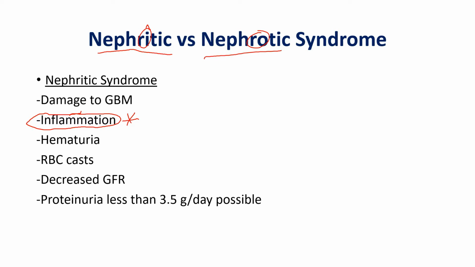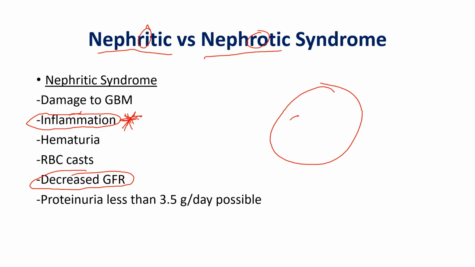Now, there are a couple of important characteristics I want to talk about where you may be confused. For nephritic syndrome, the reason there's inflammation present, and that inflammation leads to a decreased GFR and a loss of kidney function, is because there are three layers in the glomerulus, called the filtration membrane.